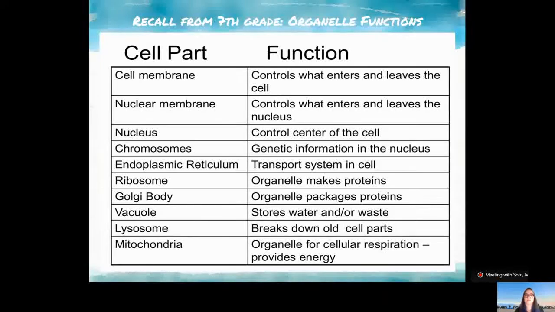For example, things that are going to end up being waste, it breaks them down and then they go to the vacuoles. Mitochondria is the powerhouse of the cell, as you should know. Basically, though, it is providing the energy. And the process that takes place in the mitochondria that provides the energy is called cellular respiration, and we will get into that later on. So be on the lookout for that.